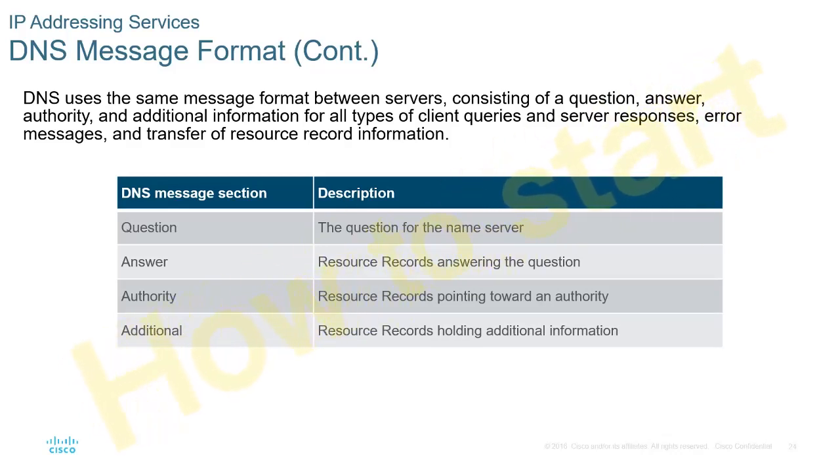Essentially, when we need to ask a question, I need to get to google.com, what is it? The question will be sent to the DNS server. The response should be the answer, here's the IP address. There should also be an authority, basically a resource record pointing towards an authority.